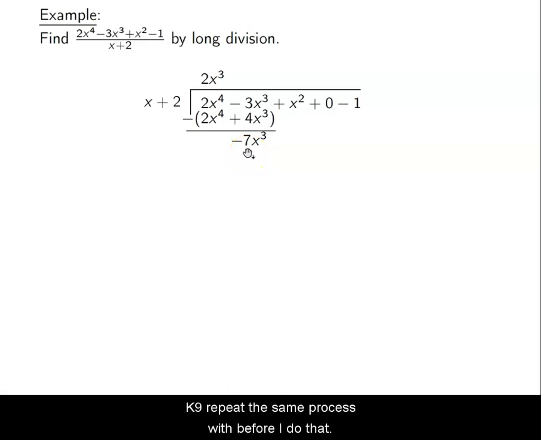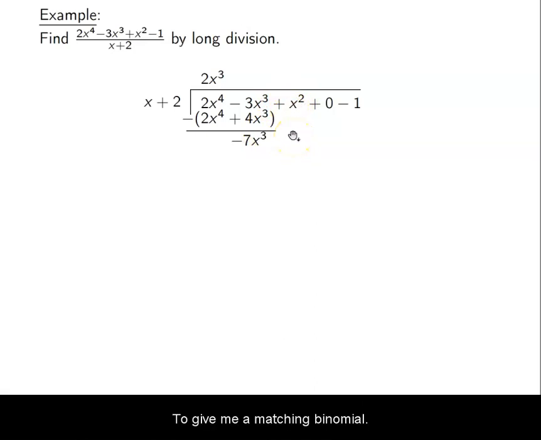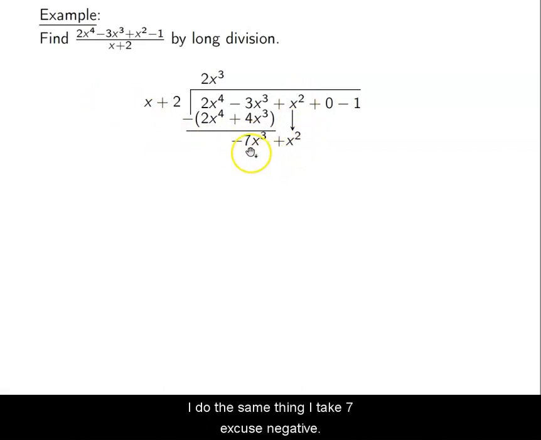Okay, now I repeat the same process, but before I do that, this next term drops down to give me a matching binomial. So this is plus x squared. And do the same thing. I take negative 7x cubed, and I look at not the whole thing, I don't really care about the whole thing, just the first part.